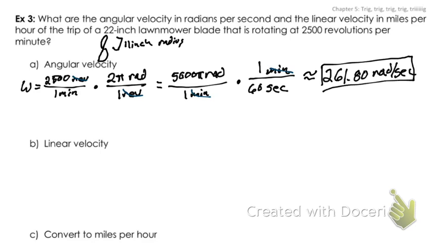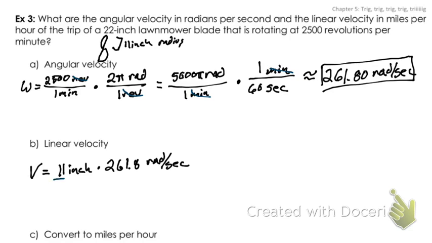All right, next one is what is our linear velocity? Well, once you know your angular velocity and your radius, linear velocity should be a breeze. Because linear velocity is just your radius, which is 11 inches, times your angular velocity, which is 261.8 radians per second.